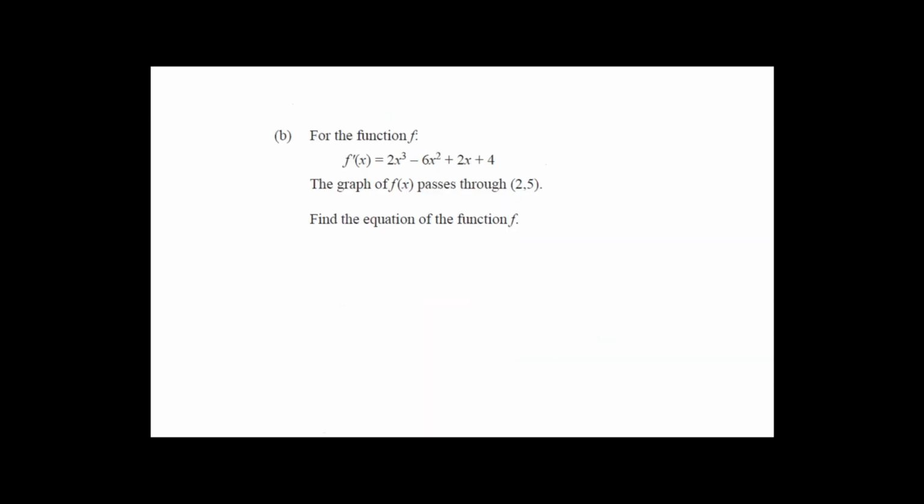So here's another one where they give us the prime equation. So it's been differentiated, and we get this thing here. And then we're told that the original equation, f of x, goes through this point here. So you should read this in the original equation when x equals 2, y equals 5. Or in other words, f of 2 equals 5.